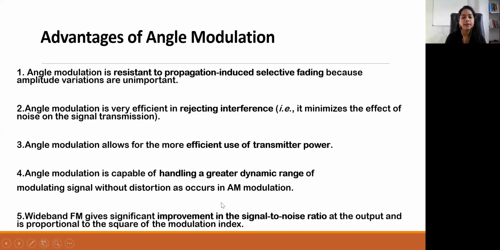Now we will look at some advantages of angle modulation. Actually, in analog modulation techniques, we won't prefer angle modulation because the frequency spectrum looks very complicated. In digital techniques we prefer angle modulation or phase modulation.